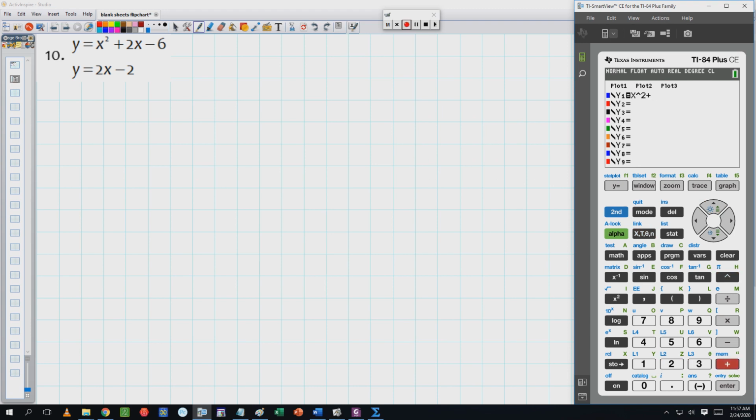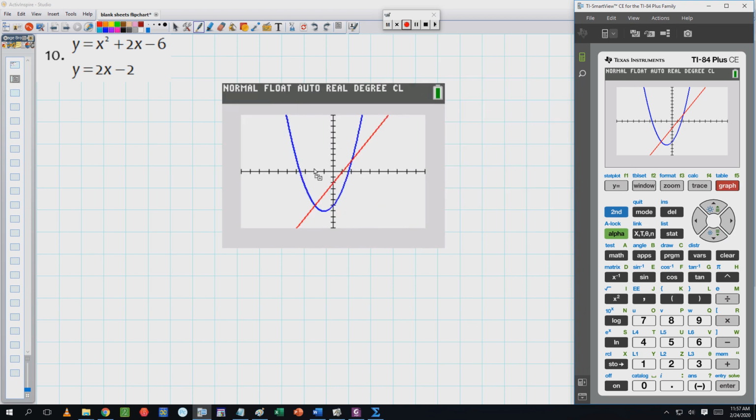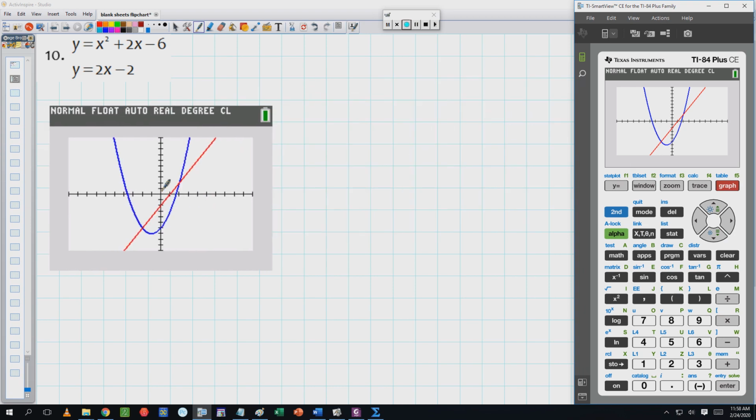X squared plus 2x minus 6, 2x minus 2. And we're looking for 2 answers. So I want to try to figure out where that is. That's -2 right there. And I want to figure out where that is.